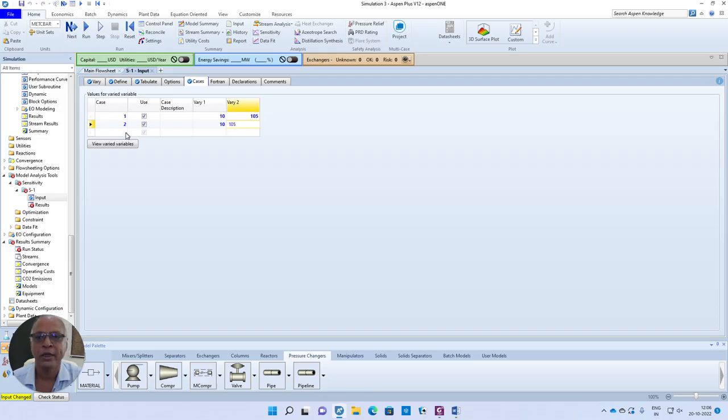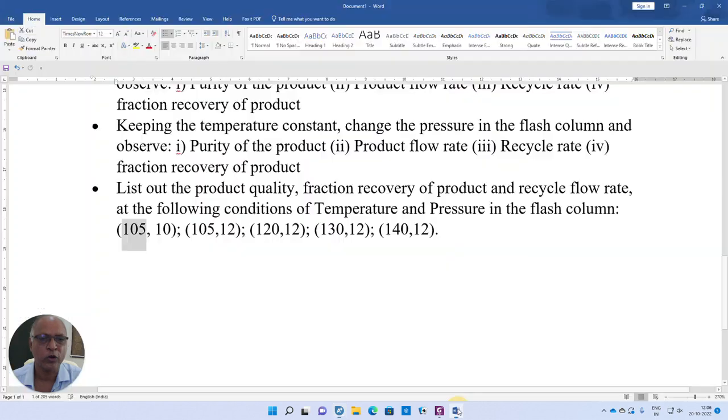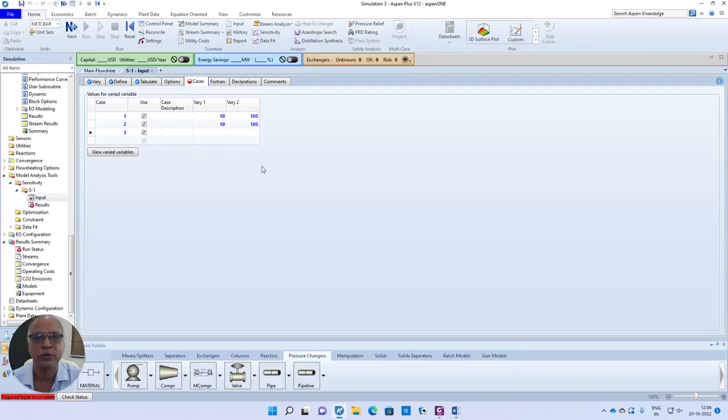The third case is, onwards it is 12 in all the cases, but the temperature is 120, 130 and 140. Let us put these values. 12, 120, and the fourth case is 12, 130, fifth case is 12 and 140.